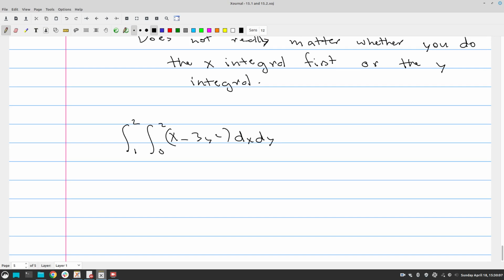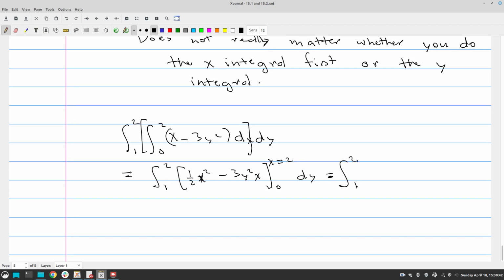Okay, let's evaluate this. First thing we do is evaluate the inner integral first. So this gets integrated first. This gives you half x squared minus 3y squared x, and remember x is between 0 and 2, dy, with y from 1 to 2.